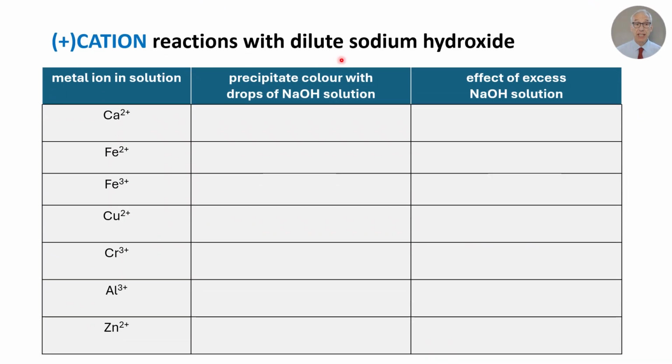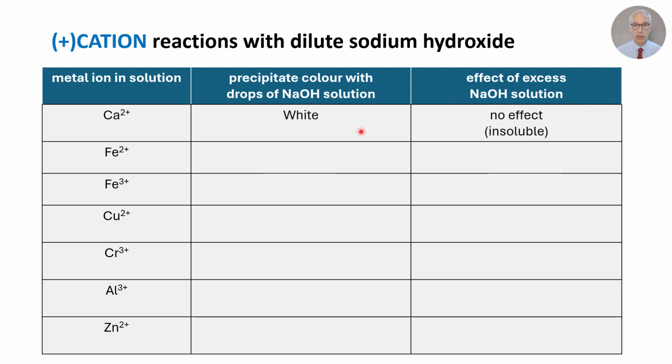The precipitations with sodium hydroxide are much more frequently questioned than the precipitations with ammonia. So let's run through these first. You are expected to recall these colour precipitates and whether they are soluble or insoluble in excess sodium hydroxide solution.